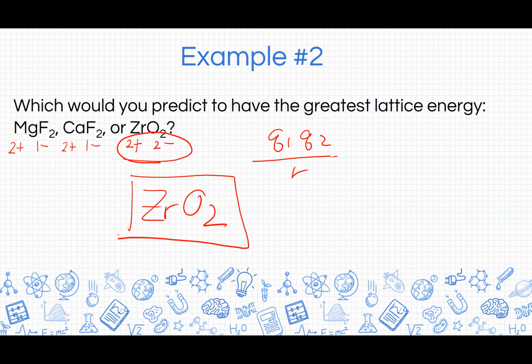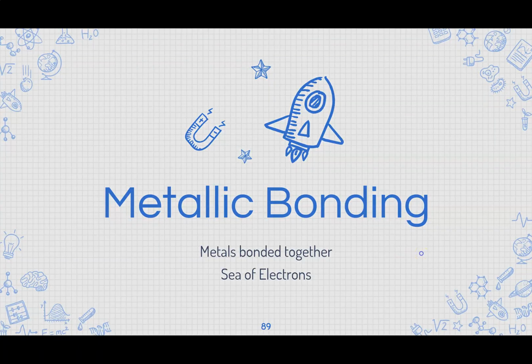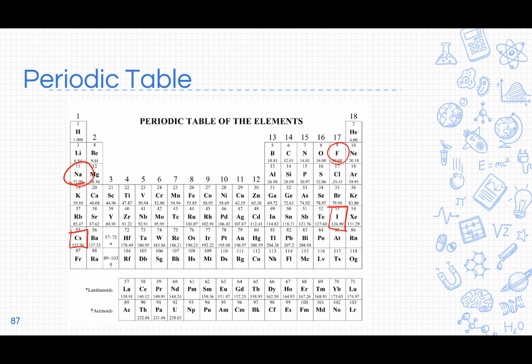Now, if I did need to compare magnesium fluoride and calcium fluoride, I would do that based on radius. So let me take a look again at my periodic table. Magnesium is right here. And calcium is right here. The fluoride part is the same.